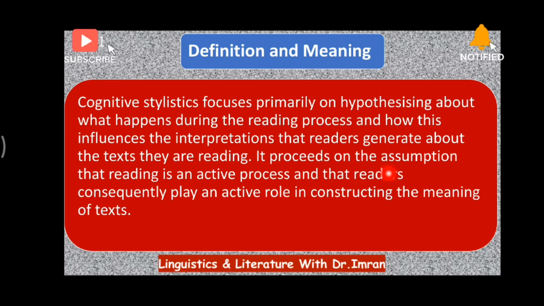It proceeds on the assumption that reading is an active process and that readers consequently play an active role in constructing the meaning of a text. So it means that meaning is not only in the text, but meaning is also in the mind of the reader. Right? So on the one hand we have the text, on the other hand we have the mind. In the mind you have previous knowledge about the text, you have background knowledge about the text, you have linguistic knowledge about the text.